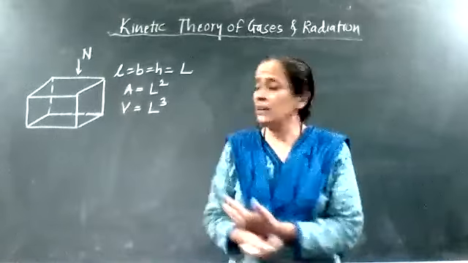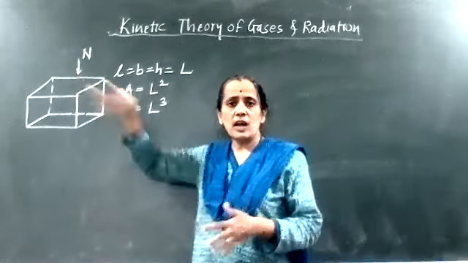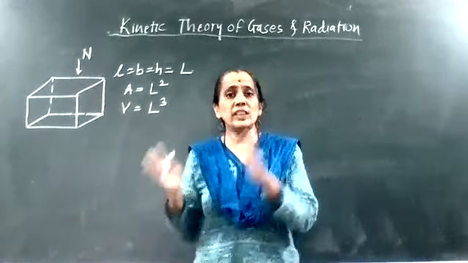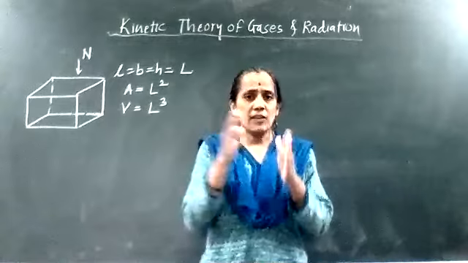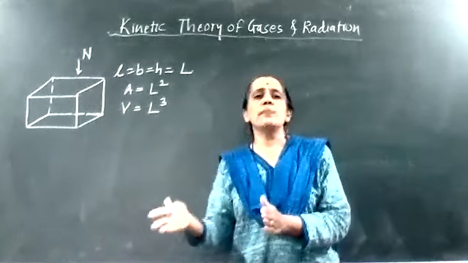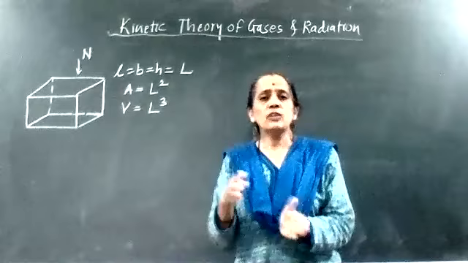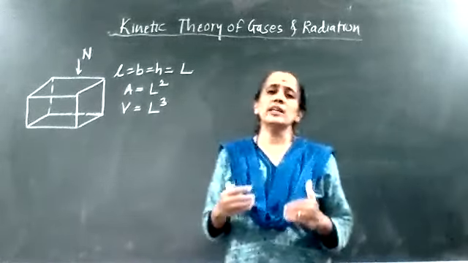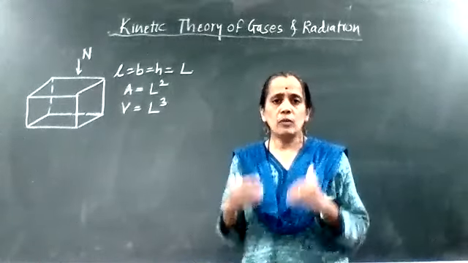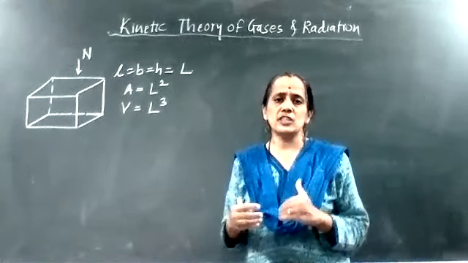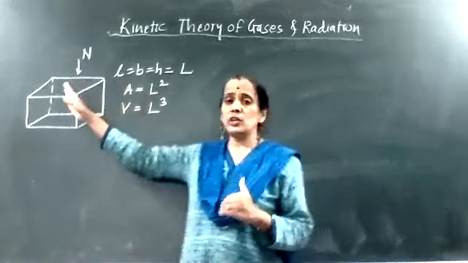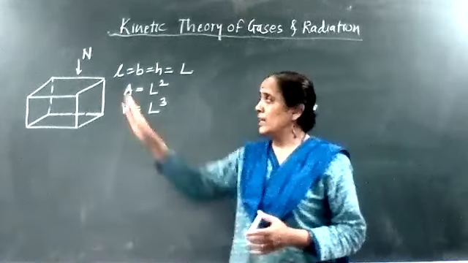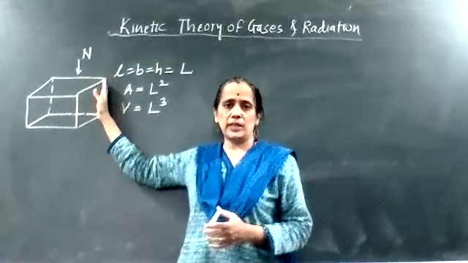Right? Then, when these gas molecules are moving inside the container, they will collide with each other. When one gas molecule collides with a neighboring gas molecule, those collisions we are neglecting. Then which collision are we going to take under consideration? The collisions under consideration are when a gas molecule collides with the wall of the container.